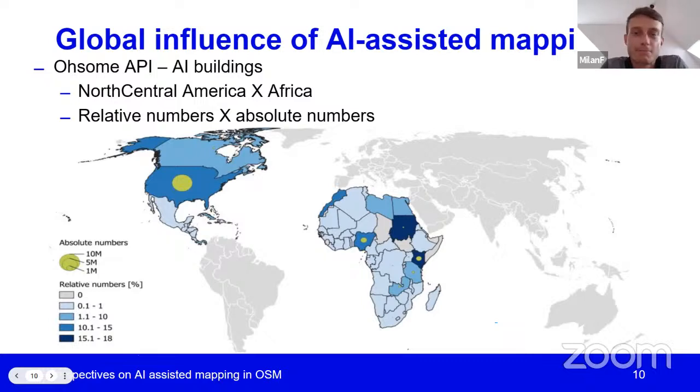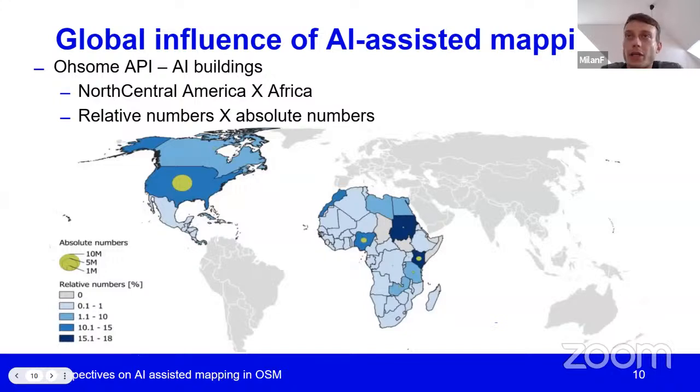Yeah, it looks very simple. We did an exploratory analysis about the use of AI buildings from a continental perspective, and the most numerous are North Central America and Africa, and we performed a comparison of absolute and relative numbers.